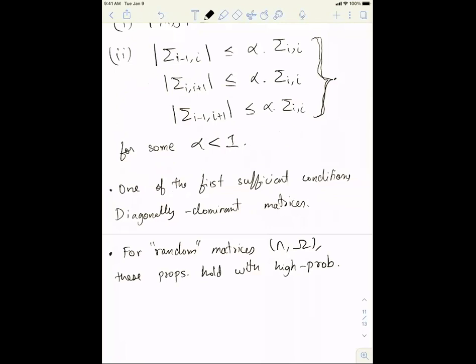In fact, you will end up getting something like n to the power d as your condition number, where d is the depth. What is d? Yeah, d is the depth, the number of edges in the graph. So here it would be n minus 1, right?